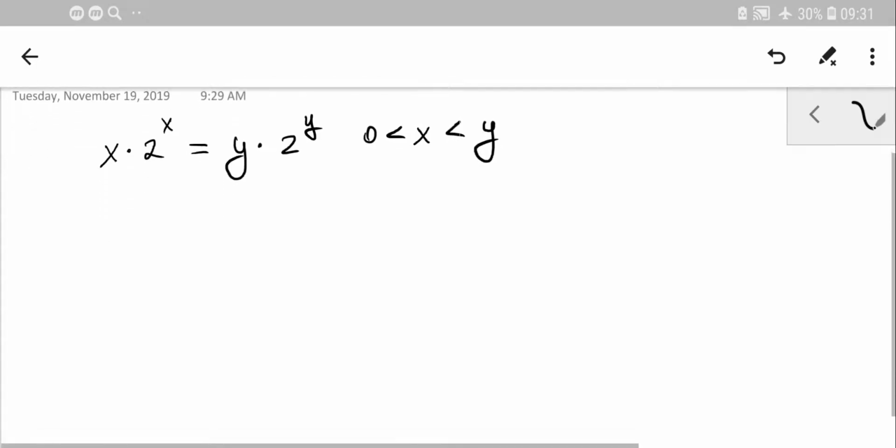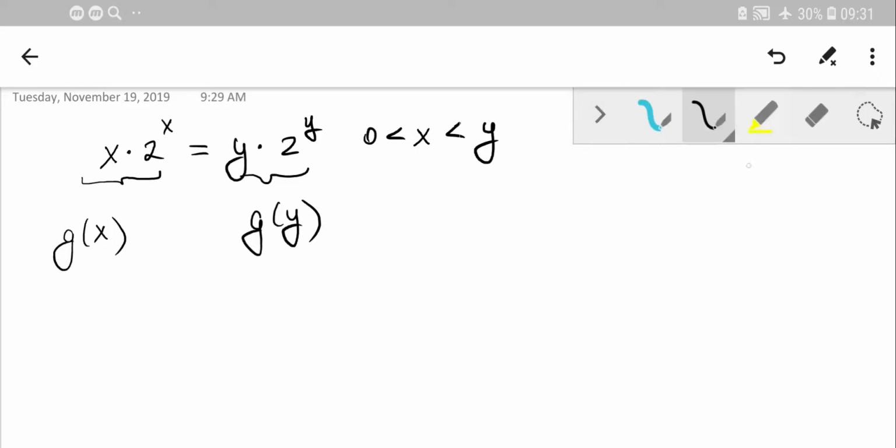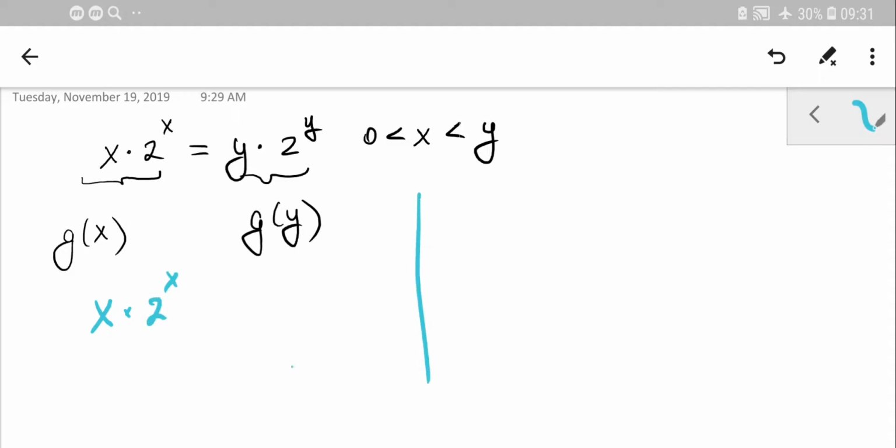Let's see. So if you consider in terms of x and y simply how each expression behaves, we clearly see that if we consider the function g from x and this function g from y, we understand that in both cases x times 2 to the power of x is strictly increasing function.